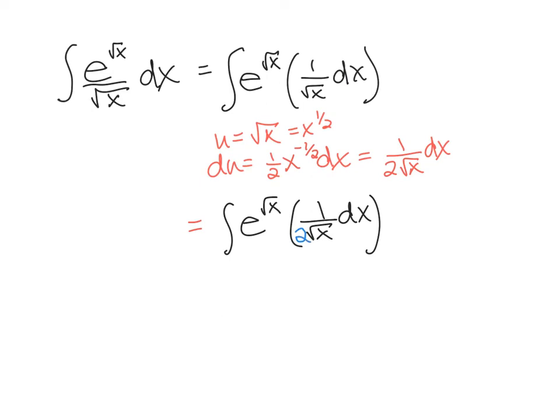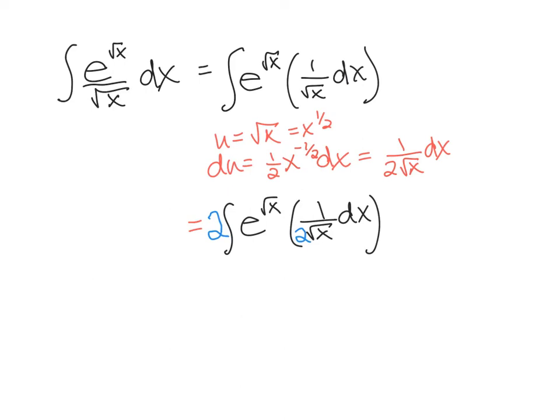I have the 2 root x in the denominator, but because that 2's in the bottom, now I get a 2 on the top, on the outside. So you see, all I multiplied by was 2 over 2, which equals 1. I did not change any of these values.